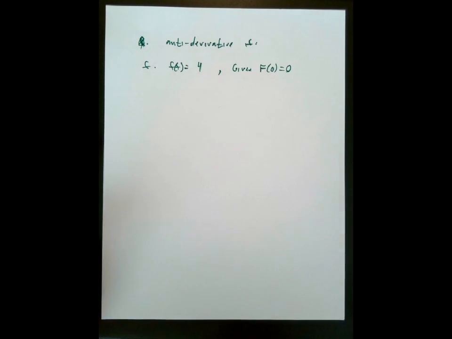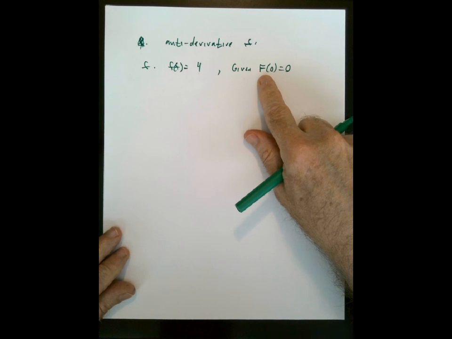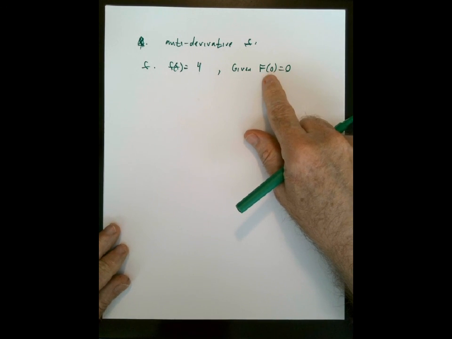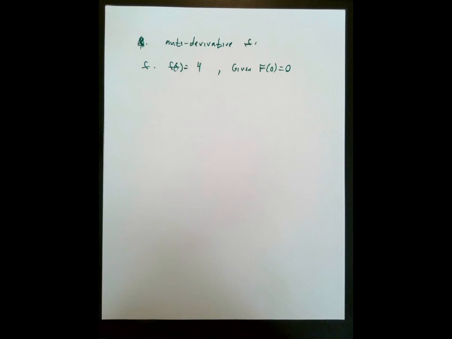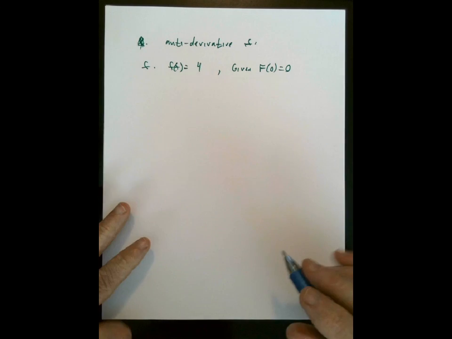In other words, we happen to know that the antiderivative at 0 works out to be 0. So we're given this initial condition. Well, the difference there is that because we have that initial condition, we're going to be able to specify one specific value for the antiderivative.